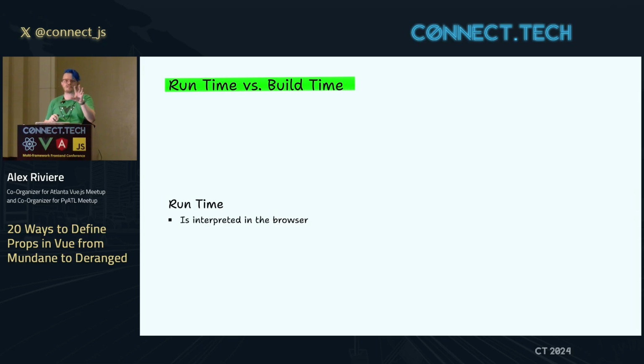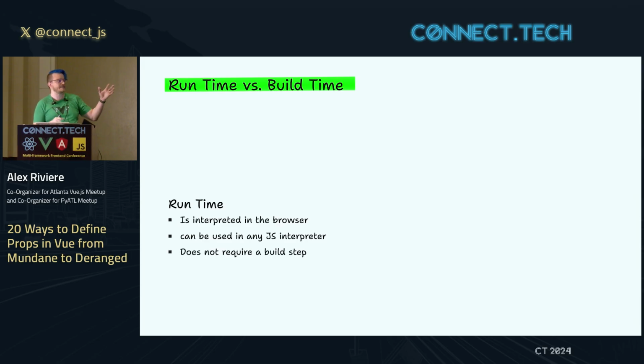So it has to be something that works inside the browser in order for it to work. It cannot require a build step. It can be used by any JavaScript interpreter, loosely, right? We have Deno, we have Node. Theoretically, anything that we're doing should work in there as long as the appropriate APIs are available. And once again, it does not require a build step.